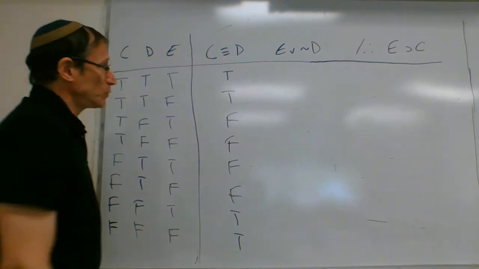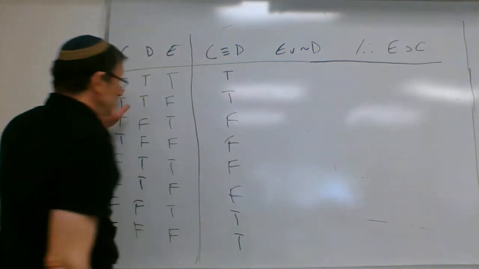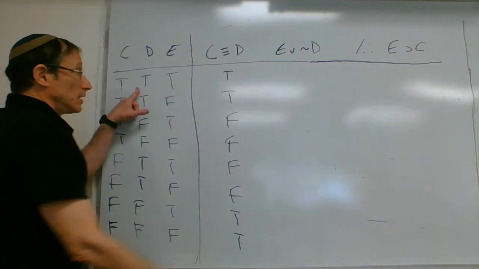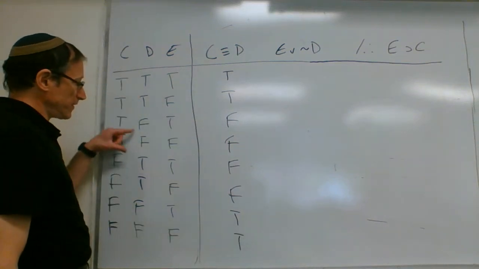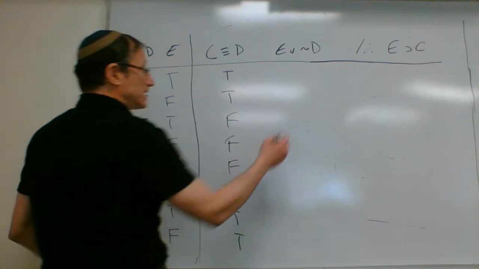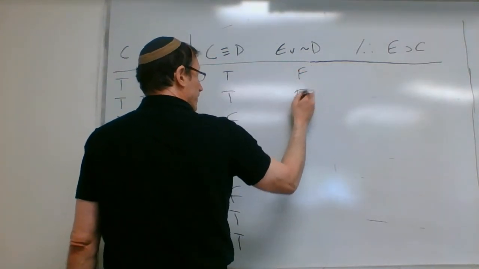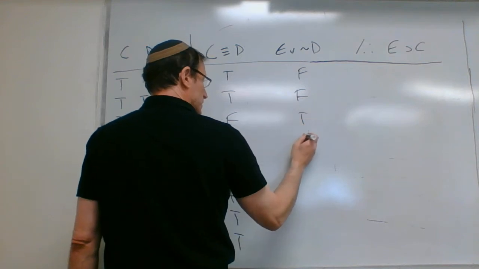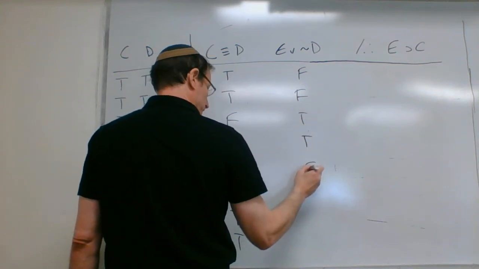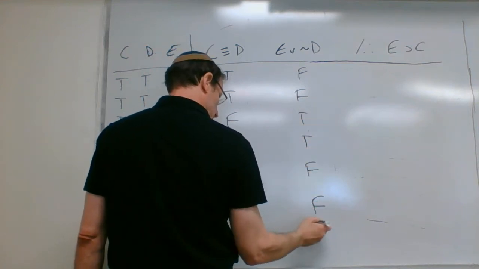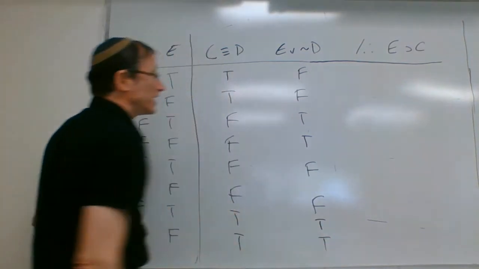Now I need to do E wedge not D. Now let me do not D first. So D was TTFF, TTFF. That means not D should be the opposite. It's going to be F, F, T, T, F, F, T, T. That is the value.